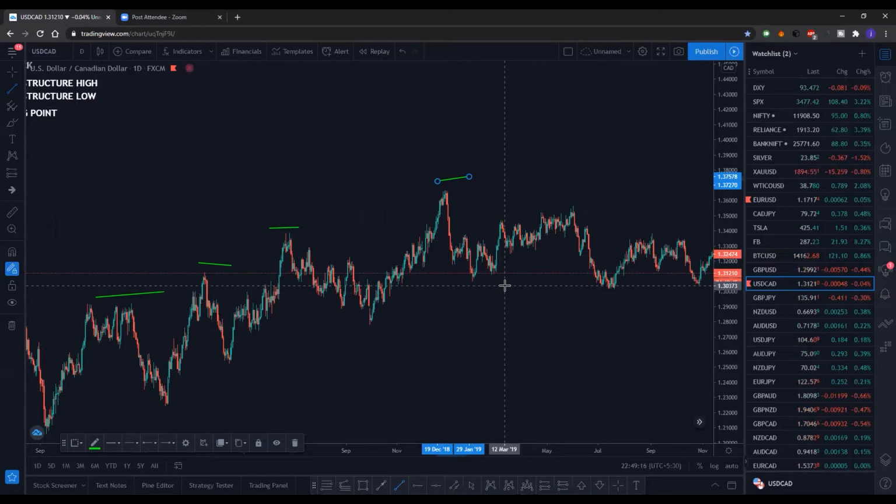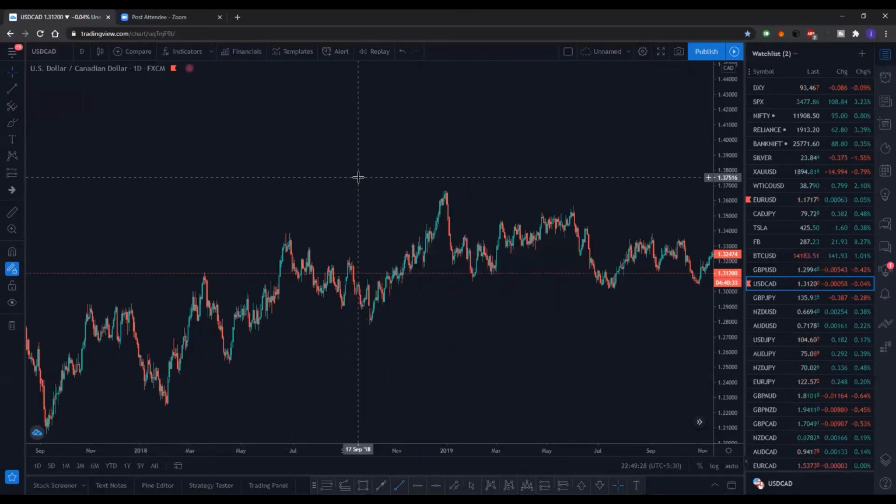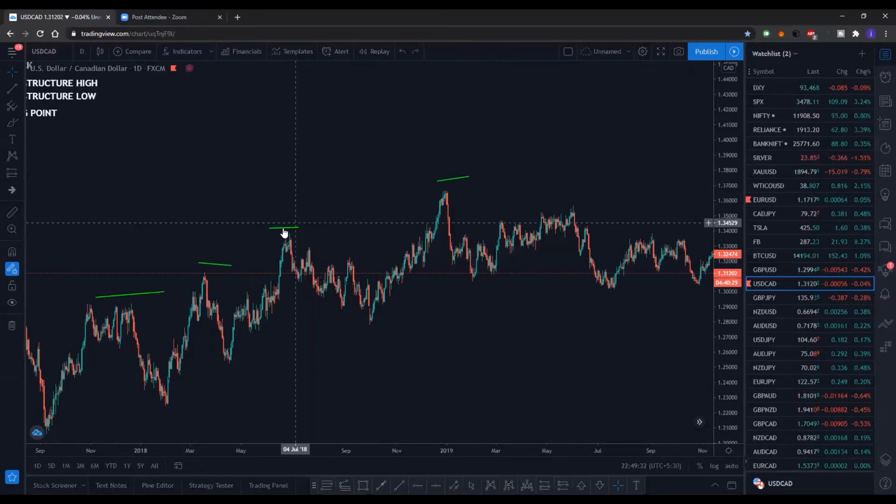However, they struggle to understand when the trend starts. Yes, there are some other chart patterns for that, but we are not going to get involved in that one. So basically, just by looking at the chart, you will be able to understand when the trend actually starts, just by looking at the swings.